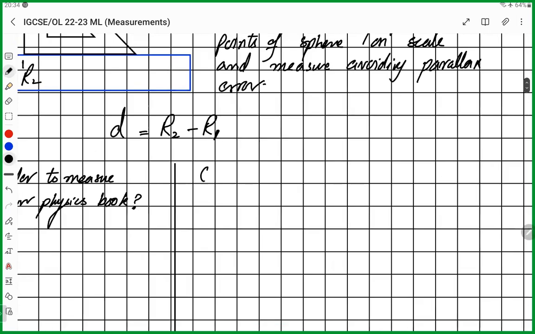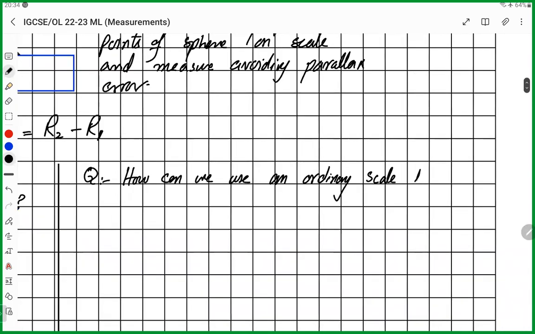Question 2: How can we use an ordinary scale to measure the diameter of a thread on a reel?